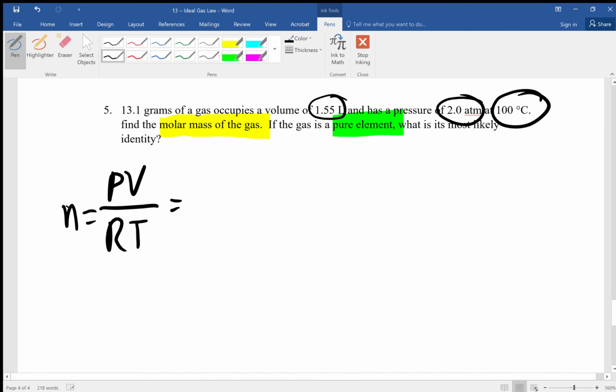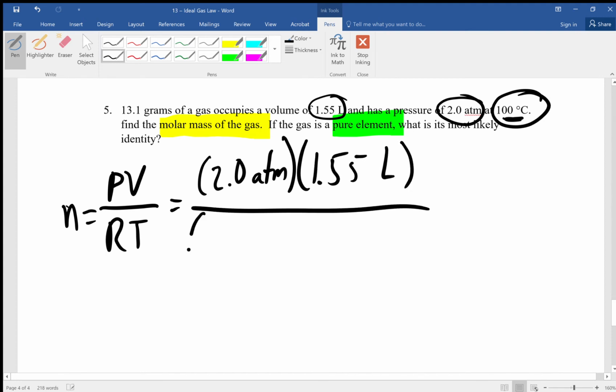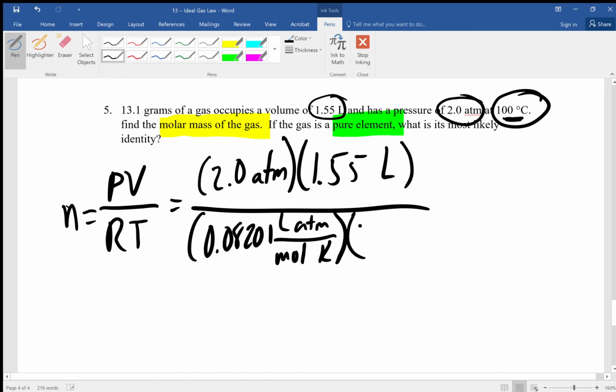The only one of these that we have to convert is the temperature, which we can easily do by adding 273.15. And once we do that, we find that we have 0.101 moles.